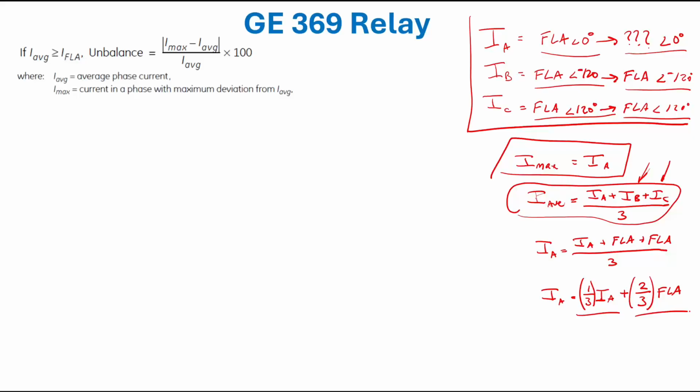We could start substituting stuff in. So UB equals Imax minus IAV in absolute value. I'm not going to do the 100%. You could just know that this is a percentage. Okay, I'm going to multiply both sides by IAV.